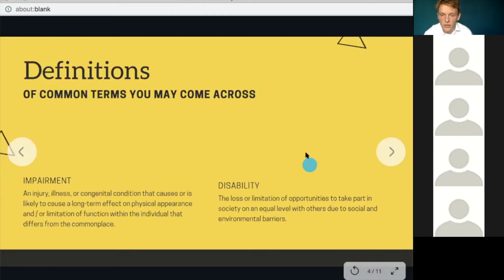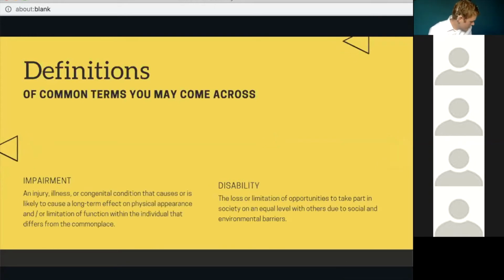And then there's another term that quite commonly comes up, and it's called ableism.